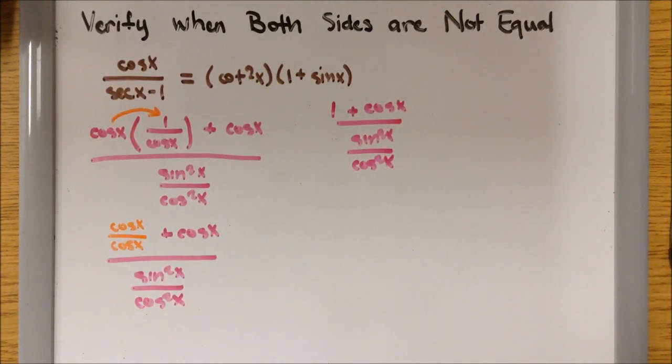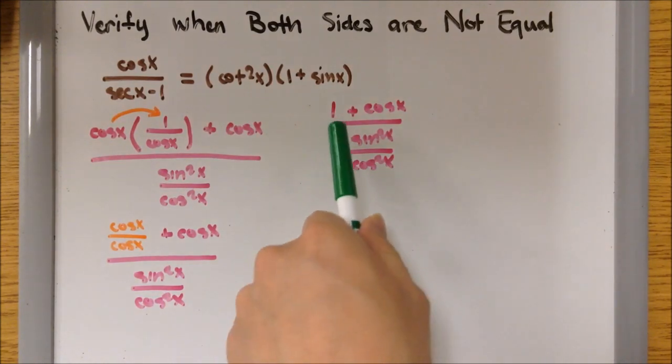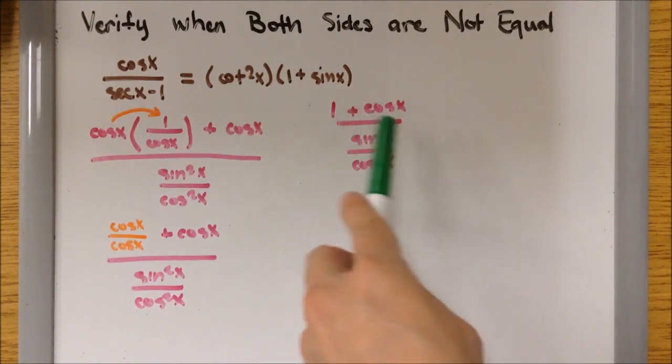Now, there's nothing else I can do in the numerator, which is fine. But in our denominator, we have sine square x over cosine square x. So when you have something that is being divided by a fraction, we can rewrite it as a division of fraction. Now, before I could do that, I double check the numerator. I have 2 parts.